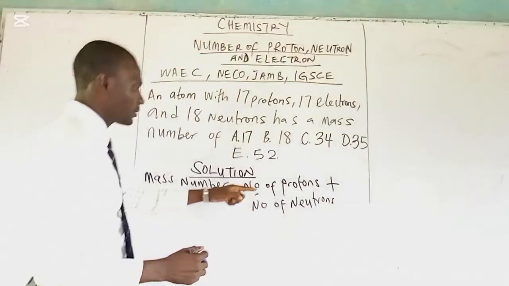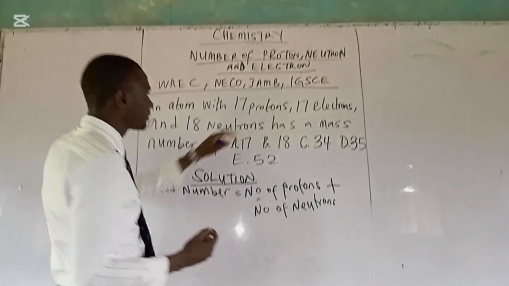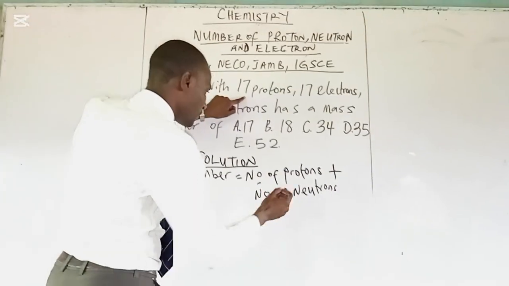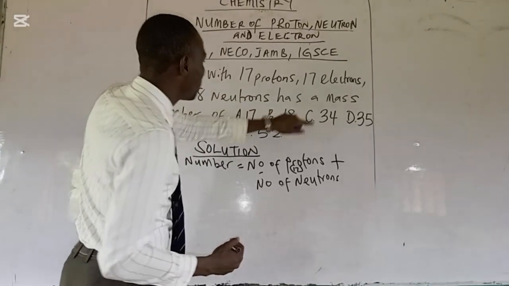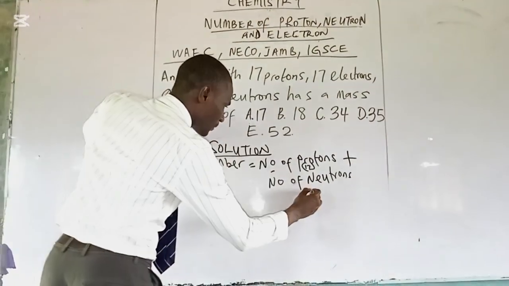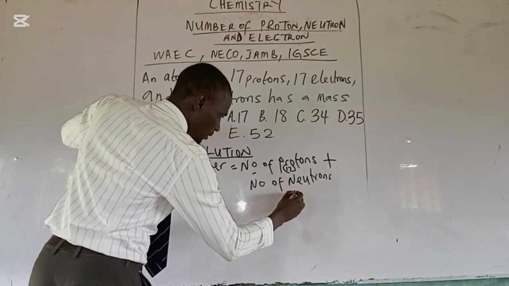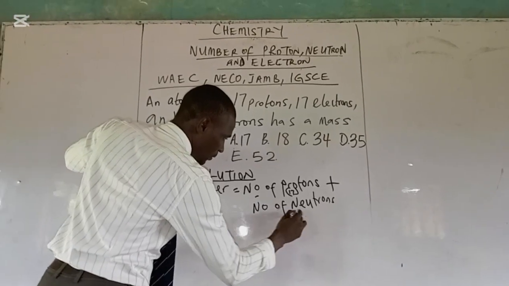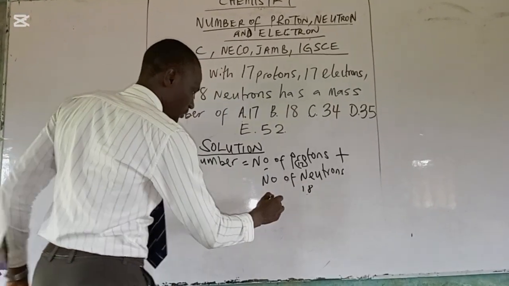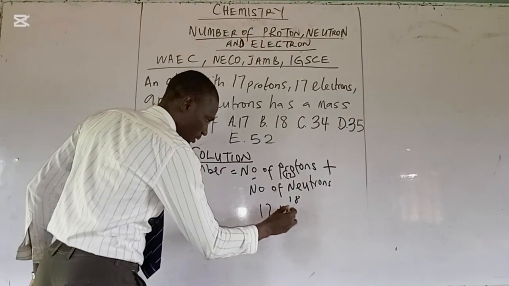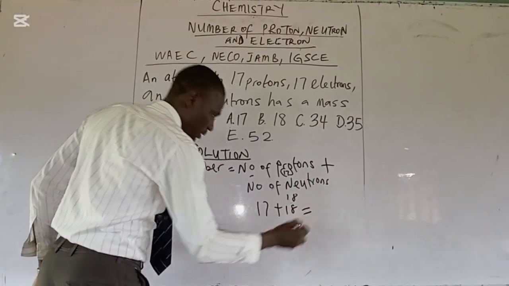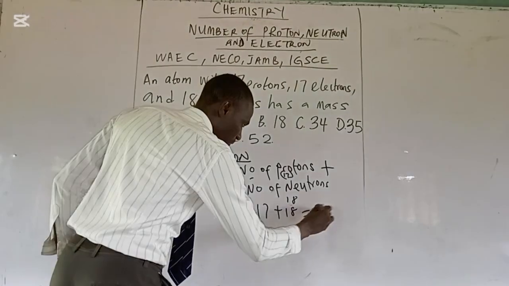So if you have to add, the number of protons here is 17. So you can say 17 plus the number of neutrons, which is 18. That is 17 plus 18 is 35.